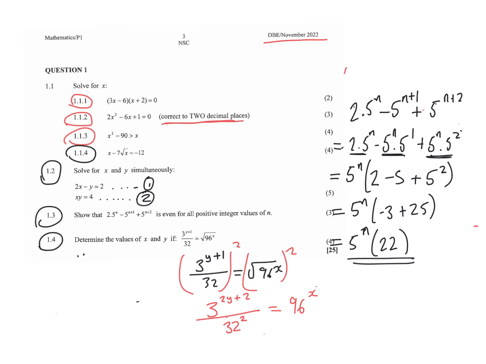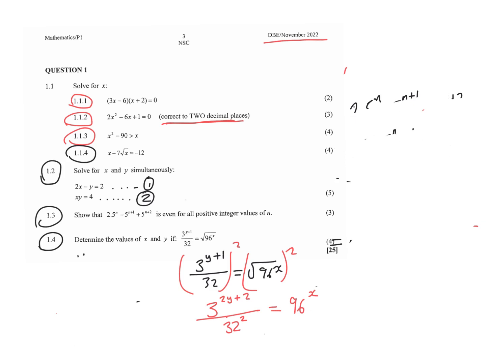Then from there, let me erase so that we can continue on that side. We had 3 to the power of 2y plus 2, all over 32 squared, equals 96 to the power of x.